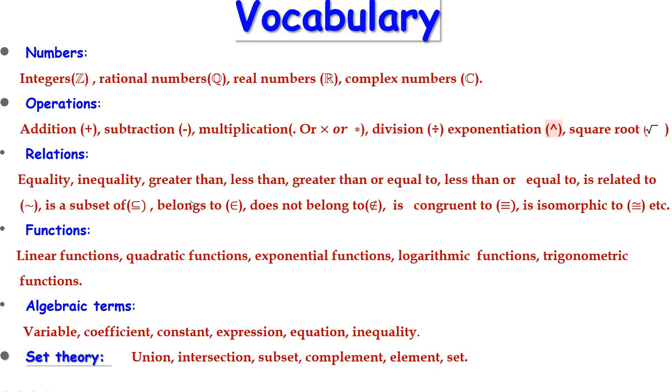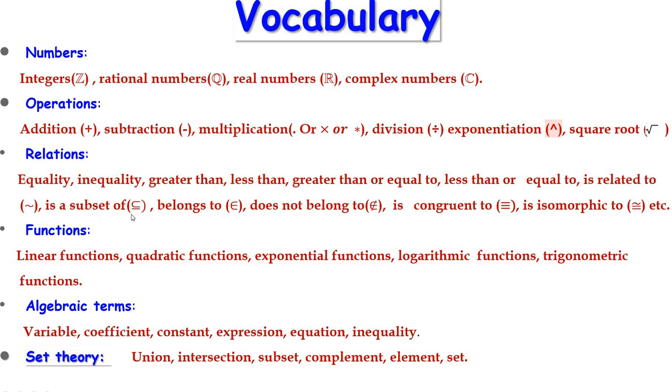Similarly, greater than, less than, greater than or equal to, less than or equal to, all these you are already familiar with. And here in abstract algebra, you'll come across this new symbol, that is tilde, that is usually used to say whenever a is an element that is related to another element b, then that is symbolically written as a tilde b.